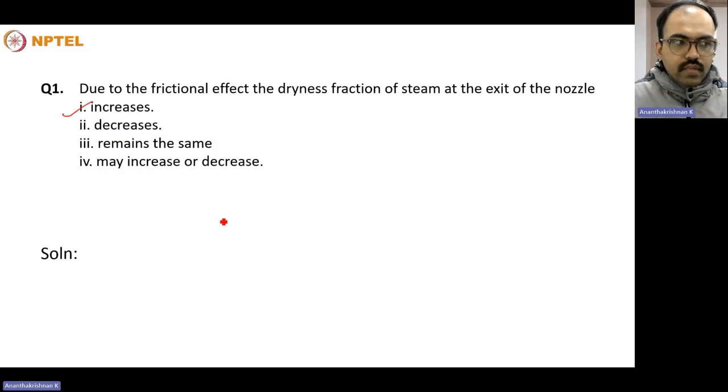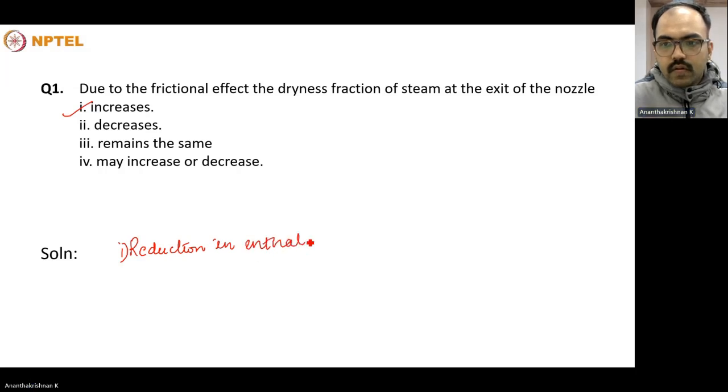Once frictional effects are introduced in the steam nozzle, there will be a reduction in enthalpy drop. Then there will be an increase in specific volume.